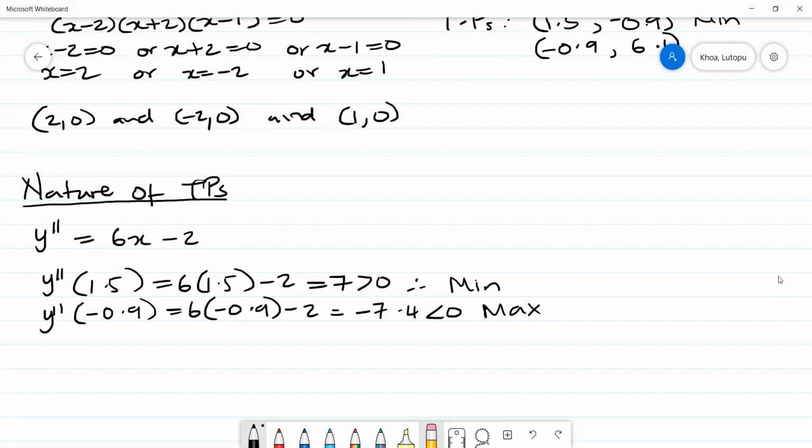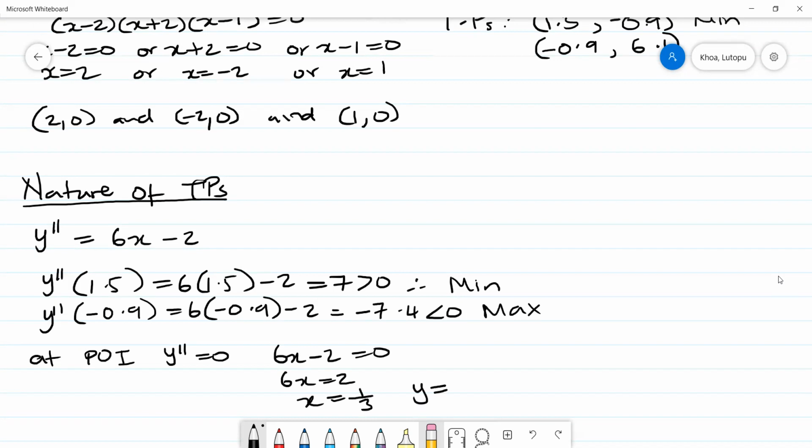Then we want to check, do we have any points of inflection? At the point of inflection, y double prime is 0. So we have 6x minus 2 is 0, so 6x is 2. This means x is 1 over 3. And then we find the y coordinate. If x is 1 over 3, then to get the y coordinate, we substitute into the formula for y.